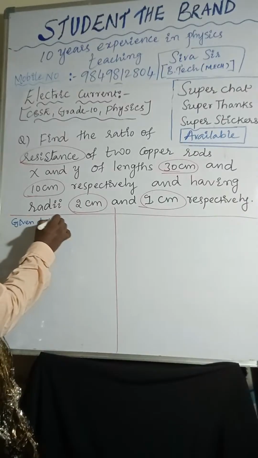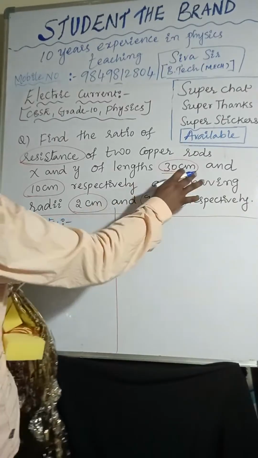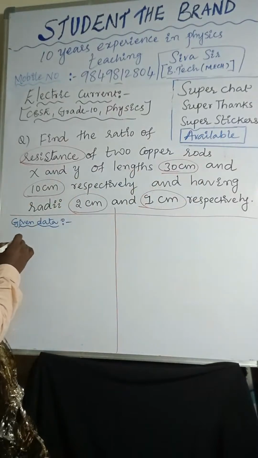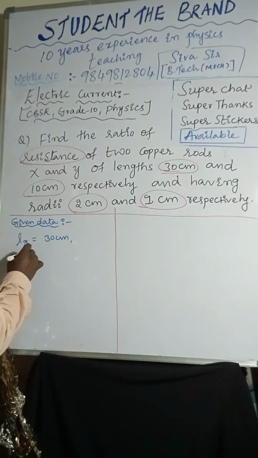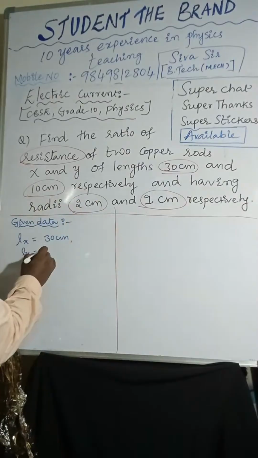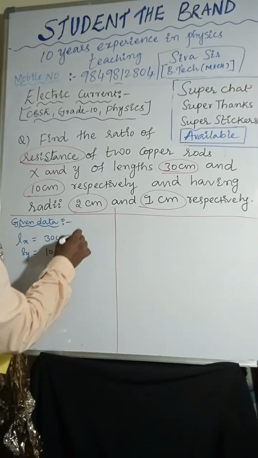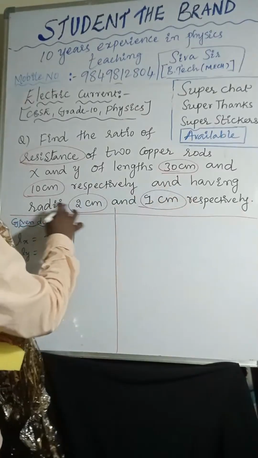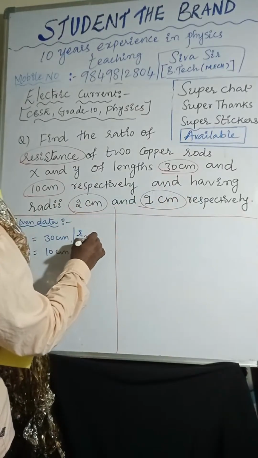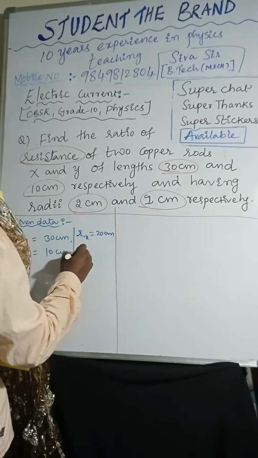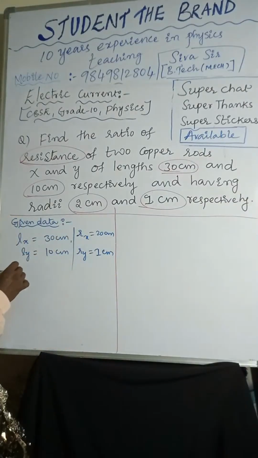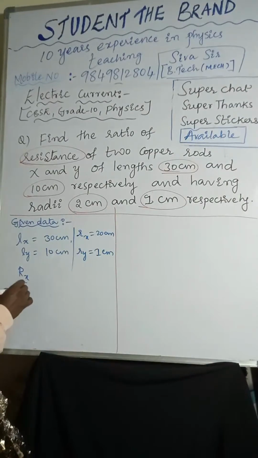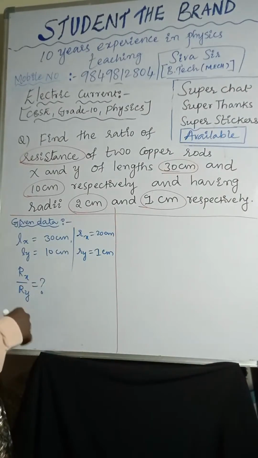Given data is length: Lx equal to 30 centimeter, Ly equal to 10 centimeter. Next, radii: Rx equal to 20 centimeter, Ry equal to 1 centimeter. So we need to find out.